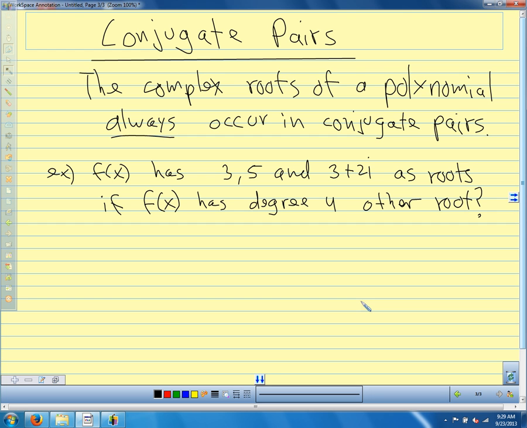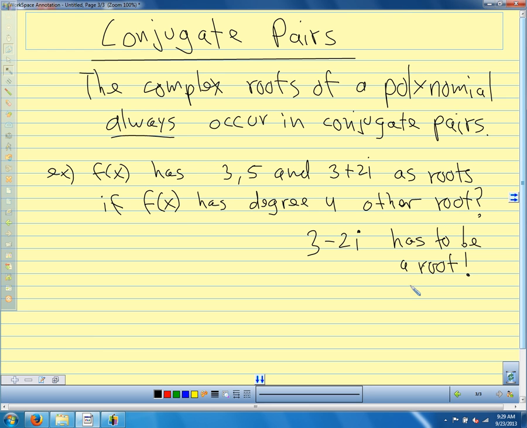Look at the complex number, find its conjugate. So x equals 3 minus 2i has to be a root. So if you have a list of roots of a polynomial and it says what are the other roots, look for the complex roots.